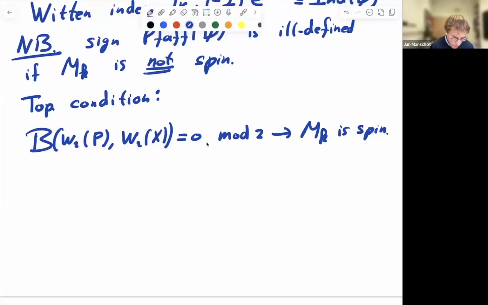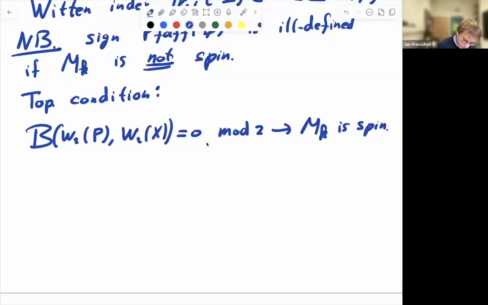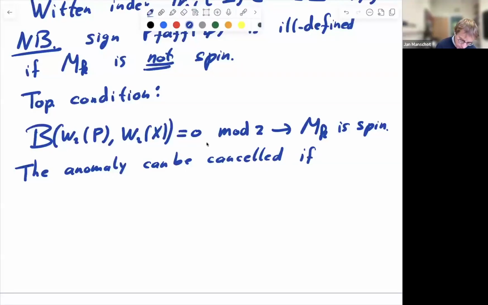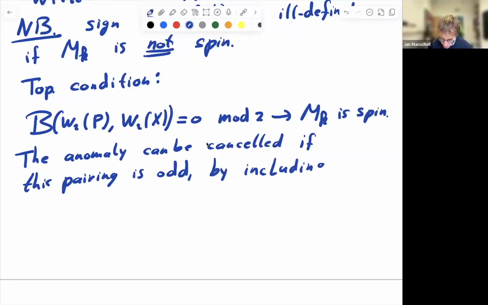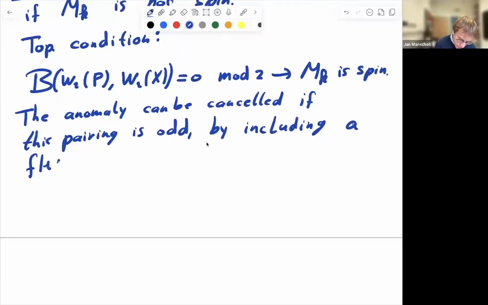The anomaly can be cancelled if this pairing is odd by turning on a flux for this U(1)_I symmetry.